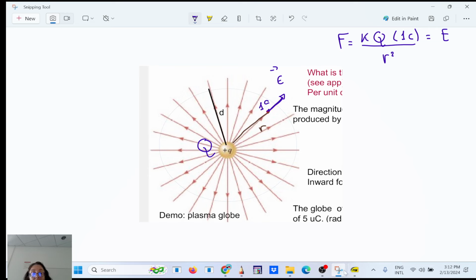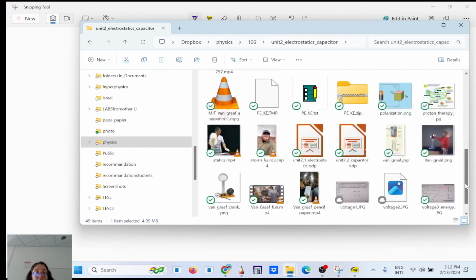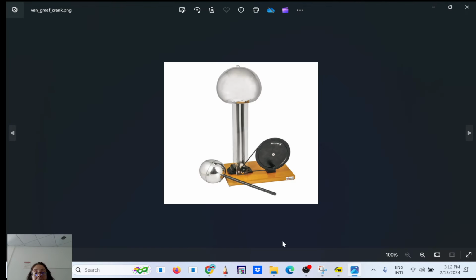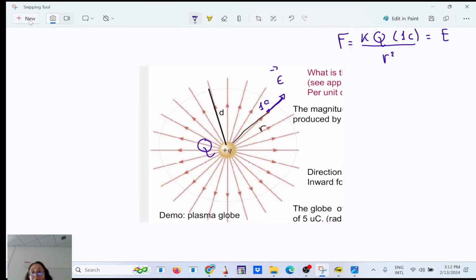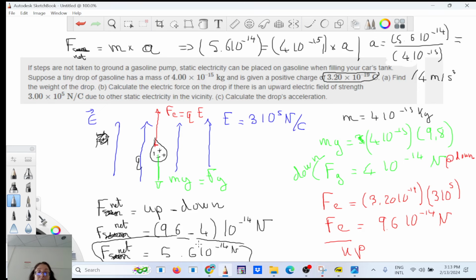Interestingly, if you have a Van de Graaff, I want to show you why Van de Graaffs are not deadly, except maybe if you have a pacemaker, something like this, maybe not a good idea, but otherwise it's safe.